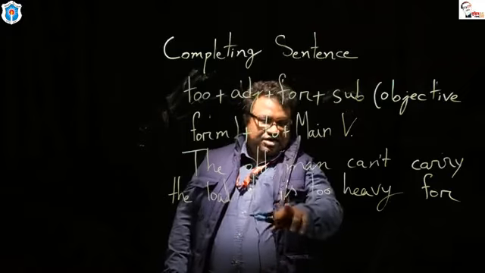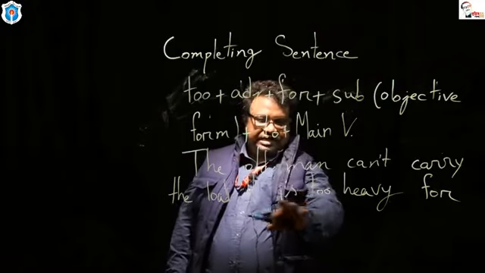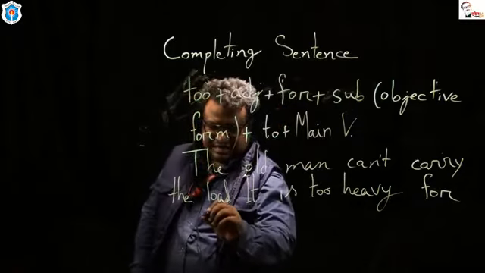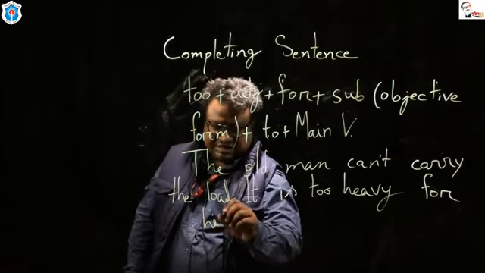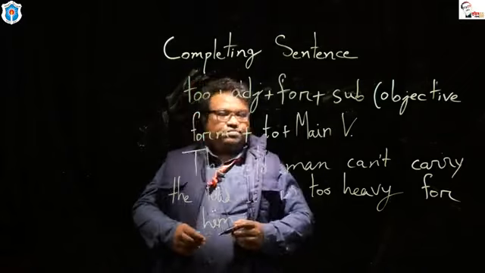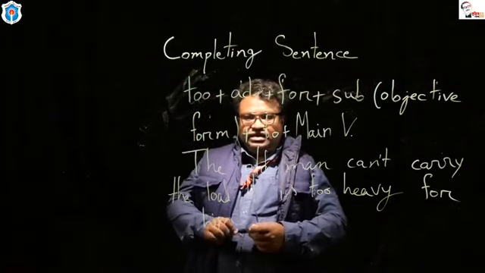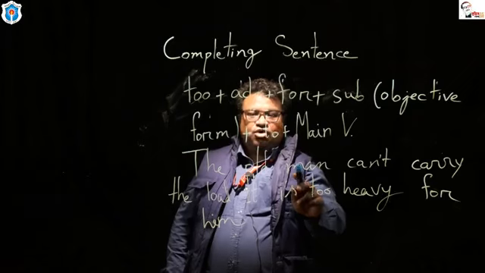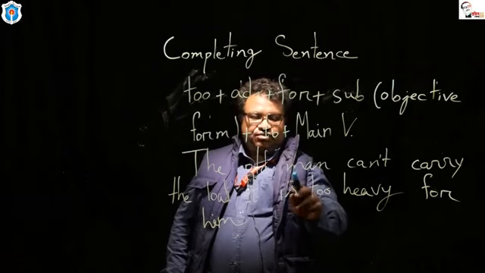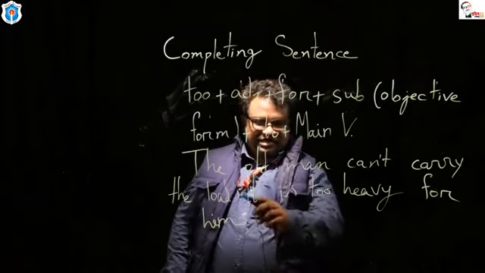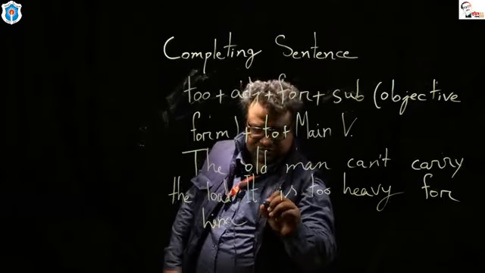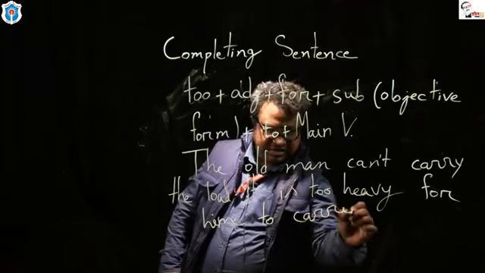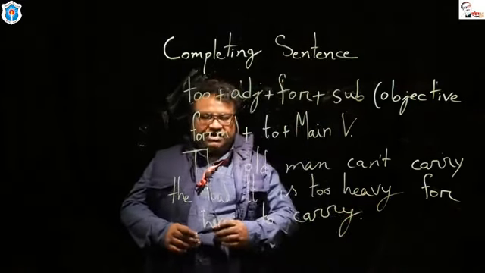then what we will do, that is, it is too heavy for, then we will do this objective form of the previously mentioned subject, which in Bangla we call byaktibachok subject, for him to carry, to plus main verb.